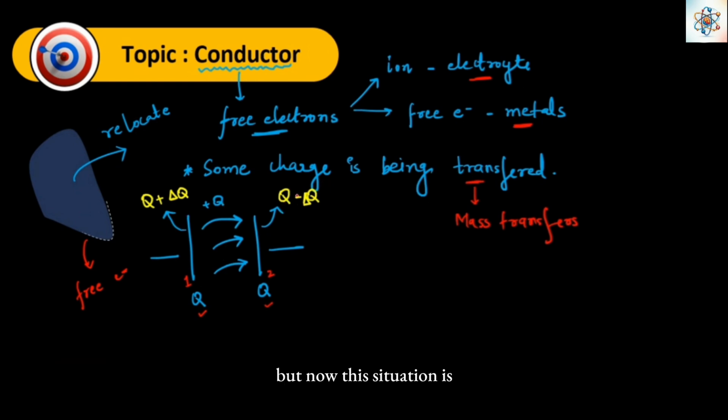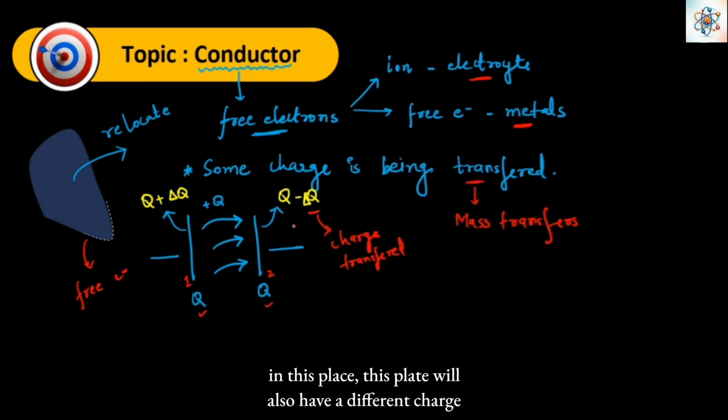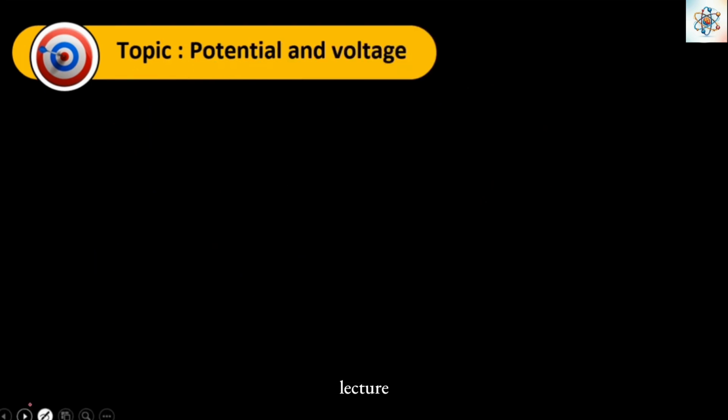How is this situation going to be represented? By Q minus delta Q, assuming delta Q is the charge which is transferred. So this plate will have a different charge, and this plate will also have a different charge. We are going to calculate each and everything in this lecture.